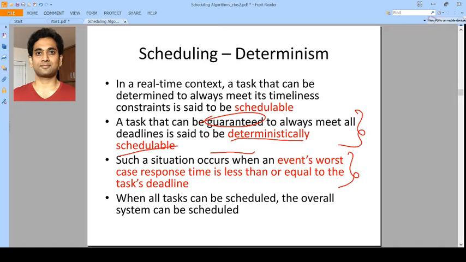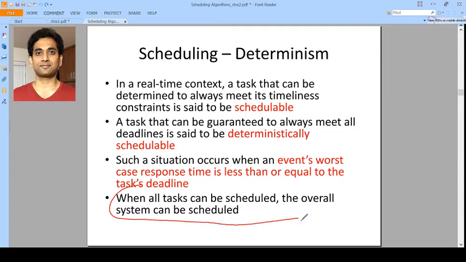In other words, if we know the worst case response time of a task and we can ascertain that it is before the task's deadline, then such a task is deterministically schedulable. When all the tasks of a system are schedulable, then such a system is said to be scheduled, or the overall system can be scheduled.